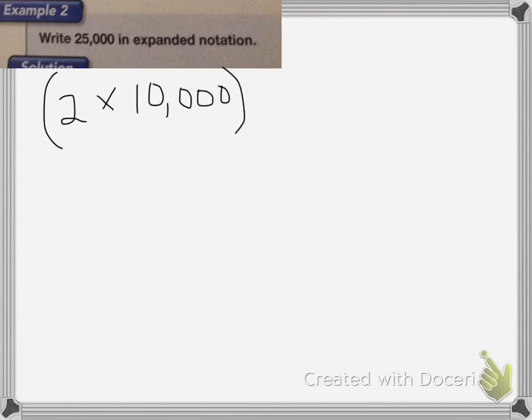Then I'm going to add the next place value. The next one is 5, and it is in the thousands place, so it's going to be 5 times 1,000. Now the rest of the numbers are zeros, so I don't need to write them because 0 times anything is 0. So this is how to write the number in expanded notation.